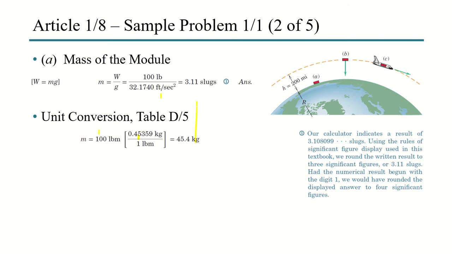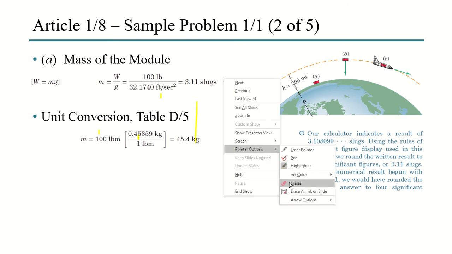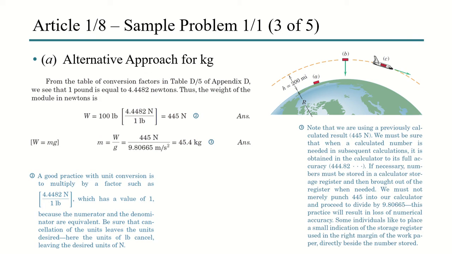Okay, the other one is in terms of slugs. So, an alternative approach for solving the kilograms: from the table of conversion factors in Table D/5 of Appendix D, we see that 1 pound is equal to 4.4482 newtons.